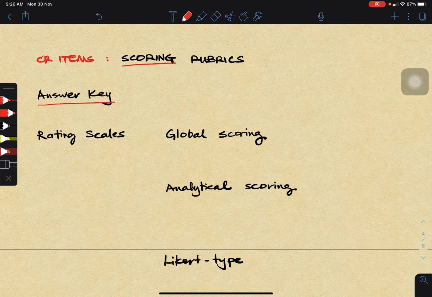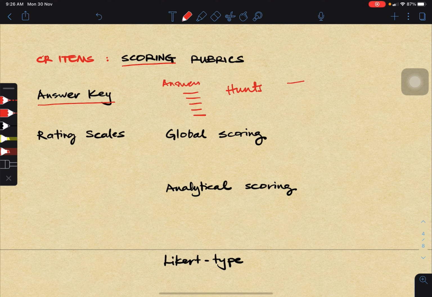An answer key, as the name states, is a list of what answers to look for: 1, 2, 3, 4, 5, and most of the time this is the only thing which is supplied. And what happens is that the lecturer now hunts for these answers in the candidate's answer sheet.